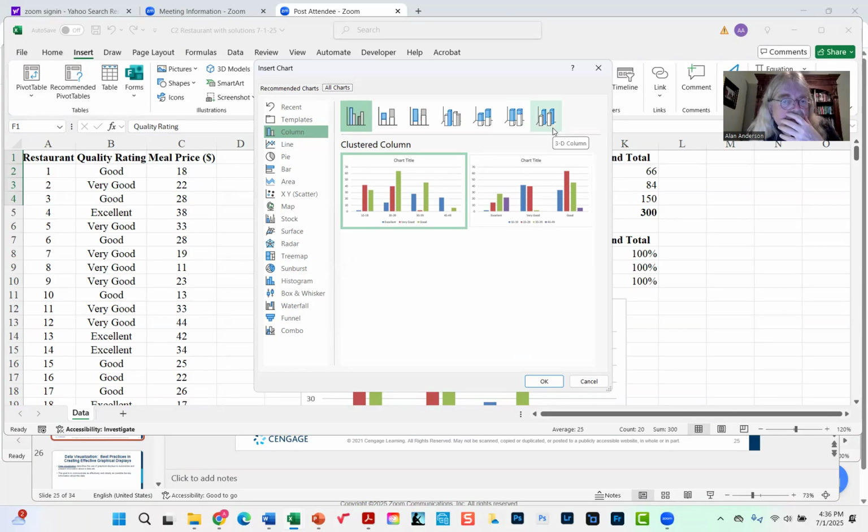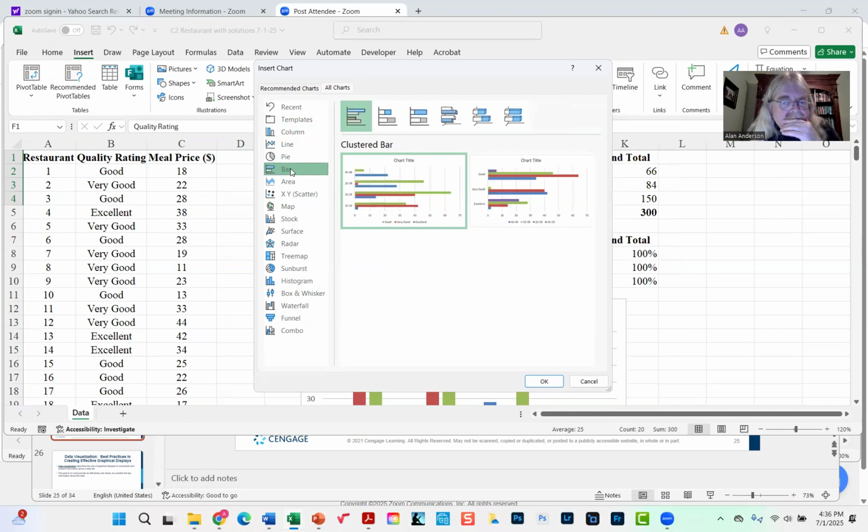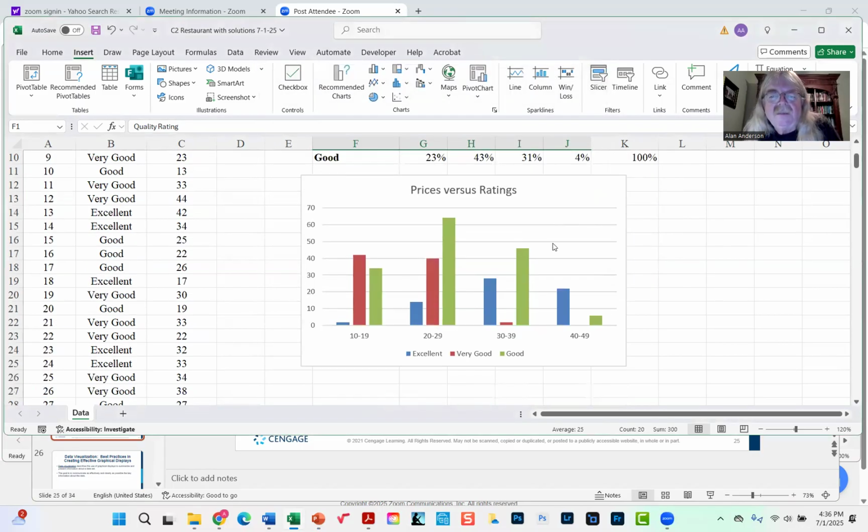It's got a lot of them, but I don't see that one. Some of them are pretty cool. They're actually three-dimensional. Boy, I guess maybe they don't have that. Anyway, it's not that important. I think this is the more normal way to do it.